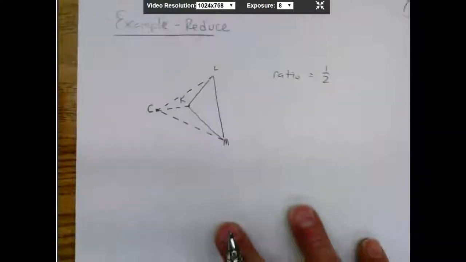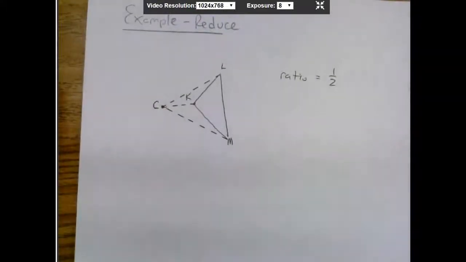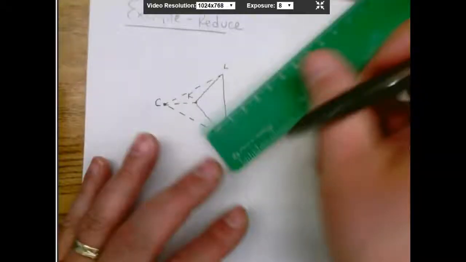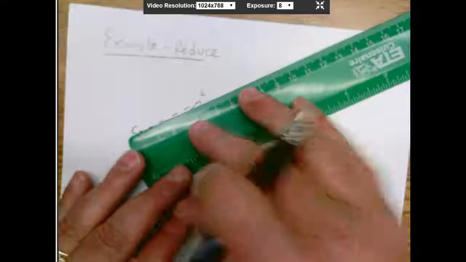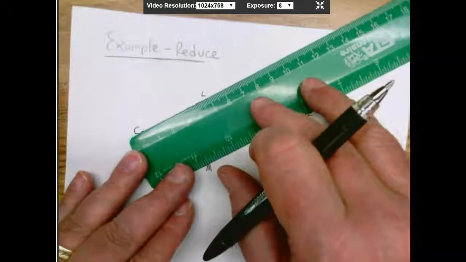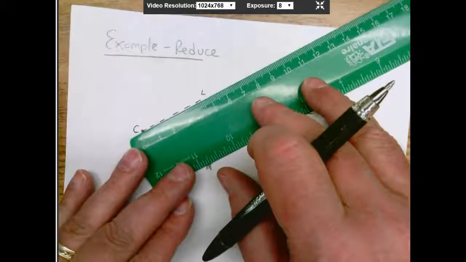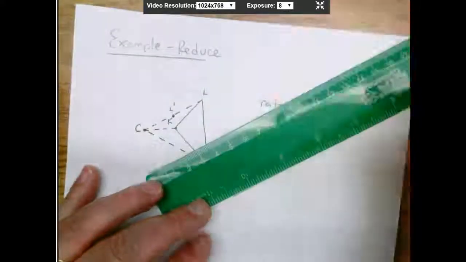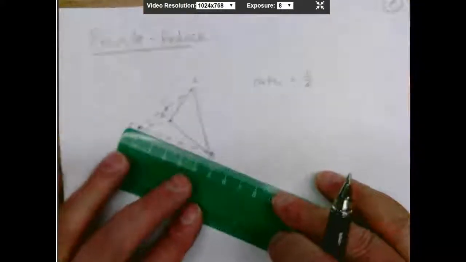Okay. Then I'm going to measure what these distances are. So we're going to make them half. Let's use centimeters, probably a little bit more accurate. Looks like this is 4.4, so we're going to go to about 2.2. So right about there. That is L prime. And then we're going to go CM.